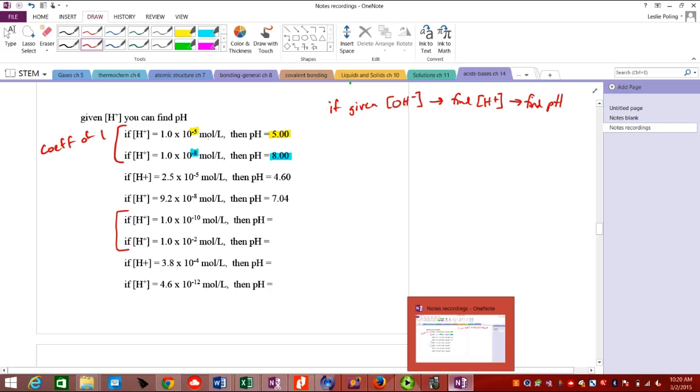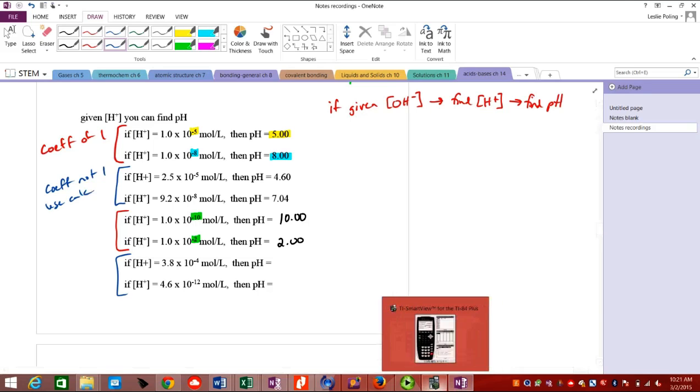So when the coefficient is 1, all you have to do is take that exponent and make it positive, and use the right number of significant digits based on your coefficient. Now these two, the coefficient is not 1, so we're going to bring out the calculator.